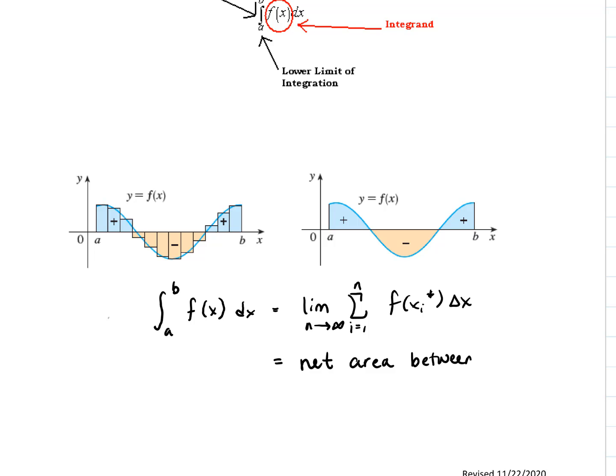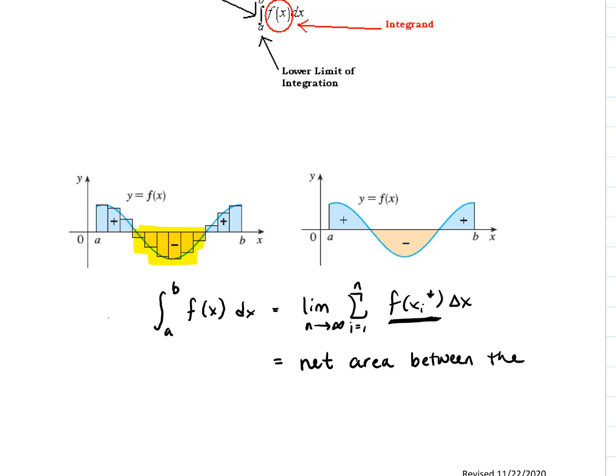because of the way f of x gives the heights of the rectangles, if the function itself goes below the x-axis, the rectangles, as you can see on this graph on the left here, you can see those rectangles right in here going negative heights, right? The f of x values are negative, so those rectangles, by definition, when we set them up and use them in this Riemann sum, actually drop below the x-axis, creating negative areas, if you want to call them that.